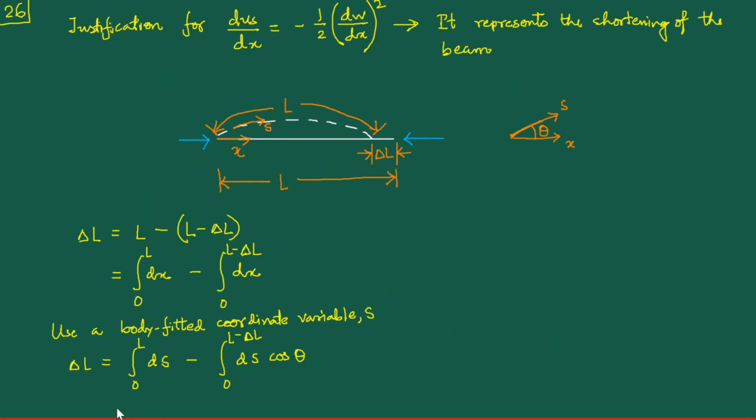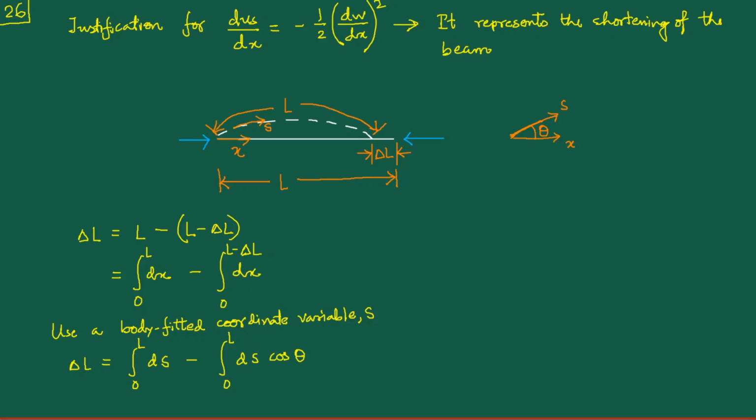In the previous video, we have already obtained this expression. This delta L is equal to this thing. There was a little bit of a mistake here, because when we go from the 0 to L minus delta L dx and we change the limit to ds, it should actually be L, because you see this S is going like this. I'll make that correction here.